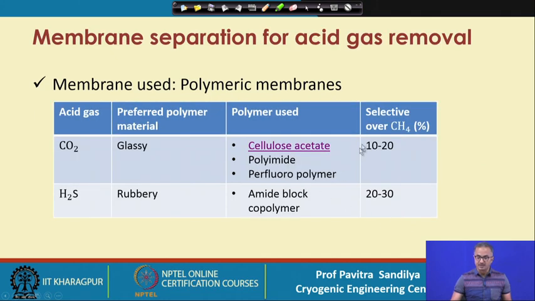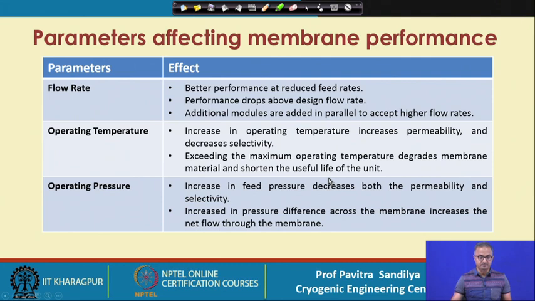The selectivity over methane goes from 10 to 20, whereas for H2S, rubbery kinds of polymeric materials are used for the membrane. We are using amide block copolymer and their selectivity is 20 to 30% over methane.